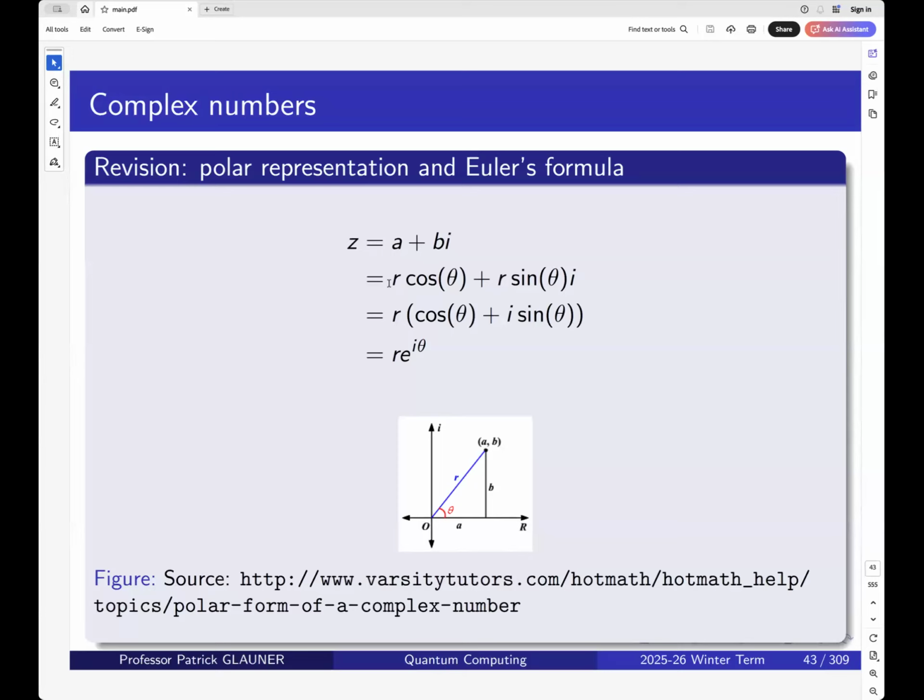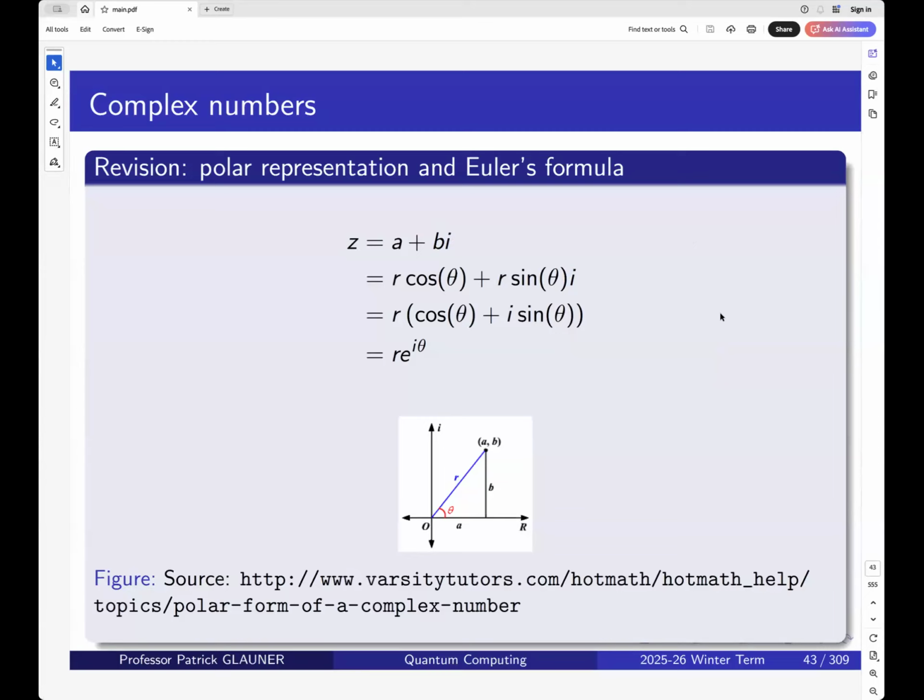And what you can say then is our a can be expressed as r times the cosine of theta, because we have our angle theta here between the vector and the axis for the real part. So this is the cosine of theta, and we need to multiply this with the length of the vector. Like this, we can express a. And b can be expressed as r times the sine of theta. And that's our b, but we always say b is multiplied by i, so I still need to put that i here.